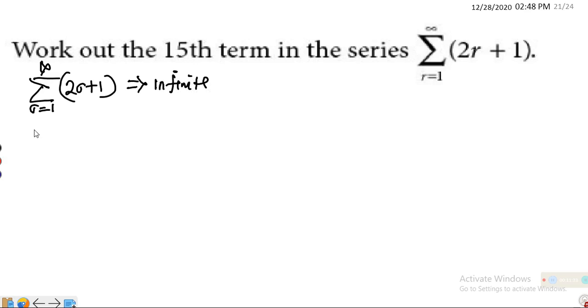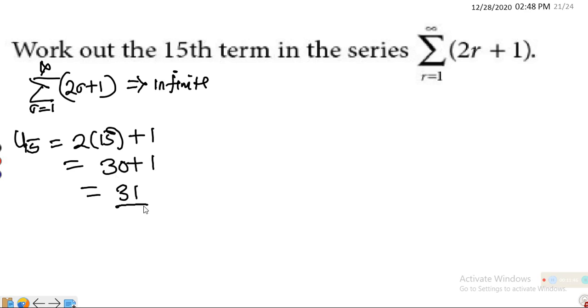Okay, so the 15th term, u15, will be taken when r is 15. So that will be 2 times 15 plus 1, which is 30 plus 1, which of course is 31. So the 15th term of the series is 31.